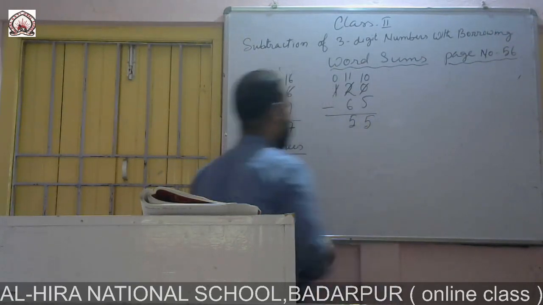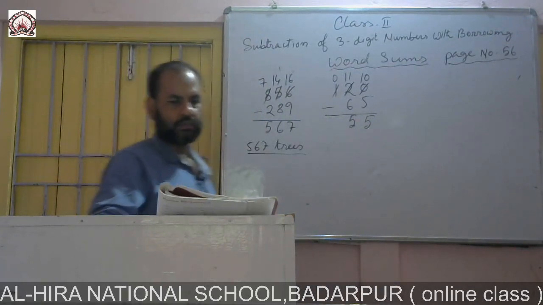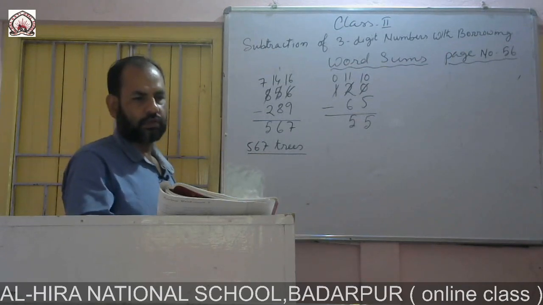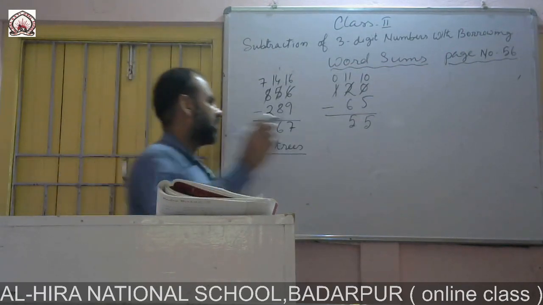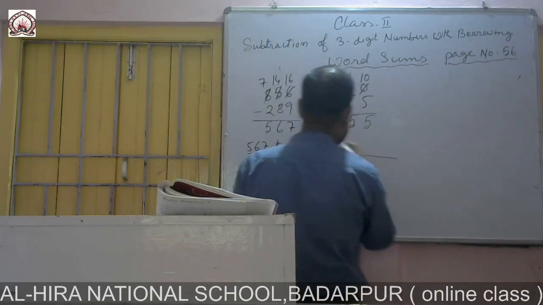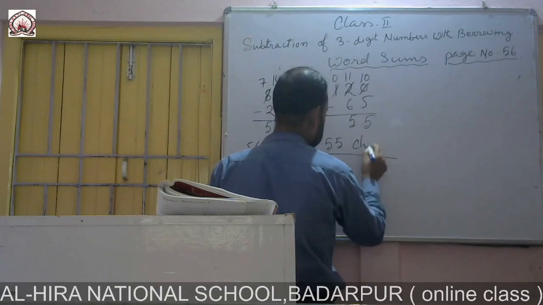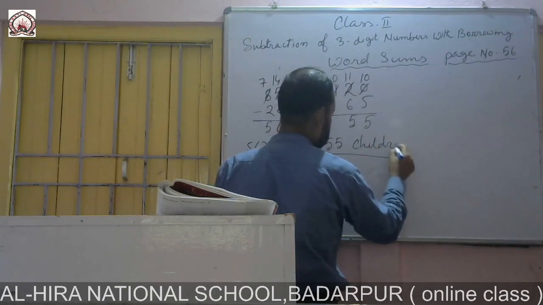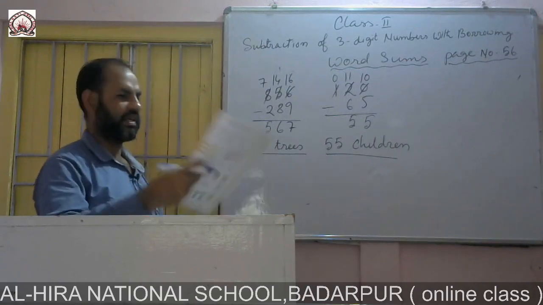So here it is 55. 55 children are there in the other bus. So here we can write 55 children.